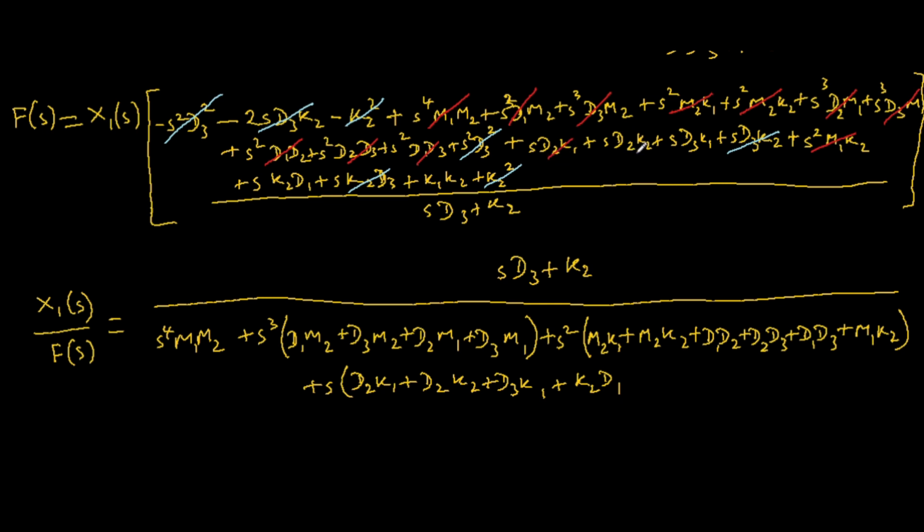So that's 1, 2, 3, and 4, and we have just one term left, plus k1 k2. And this is our denominator over here.